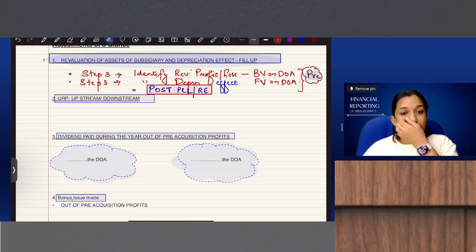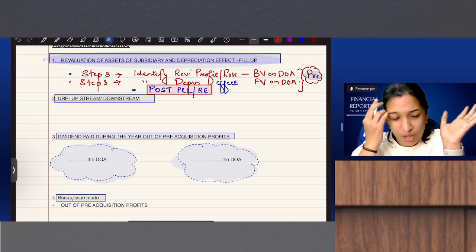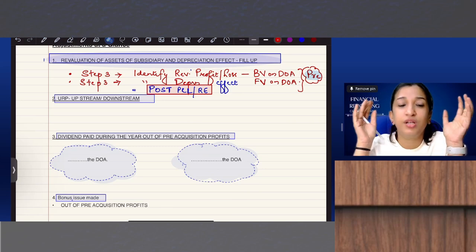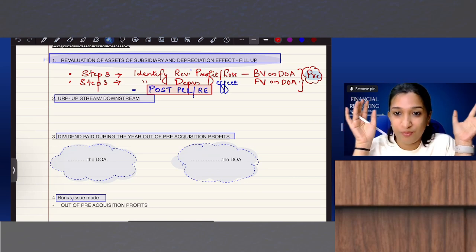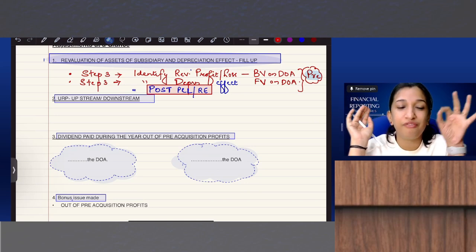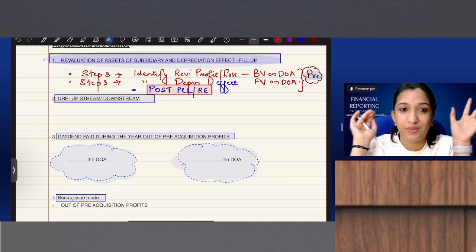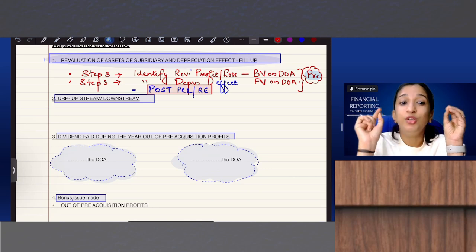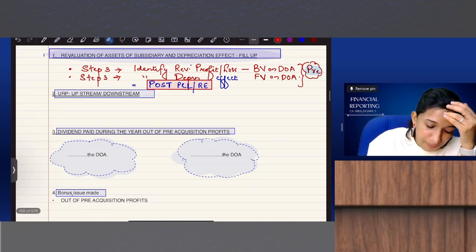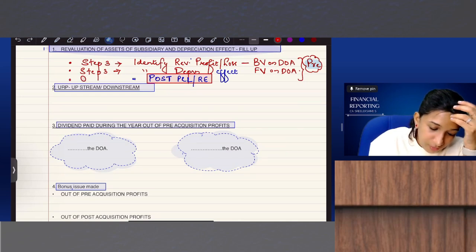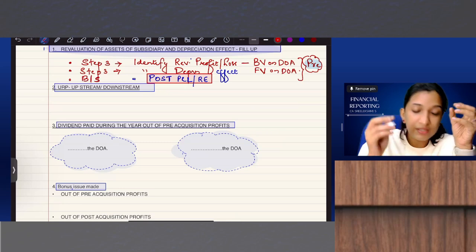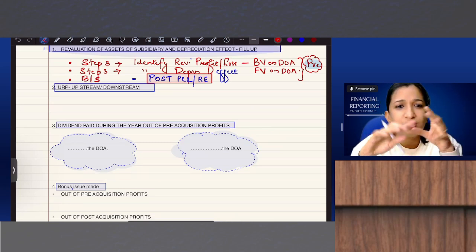We will never make a mistake on this, because almost all the questions you have tried have this adjustment. Maybe chain holding does not, but all other questions have it. And don't forget to give the impact and effect in the balance sheet. So step 3, balance sheet.